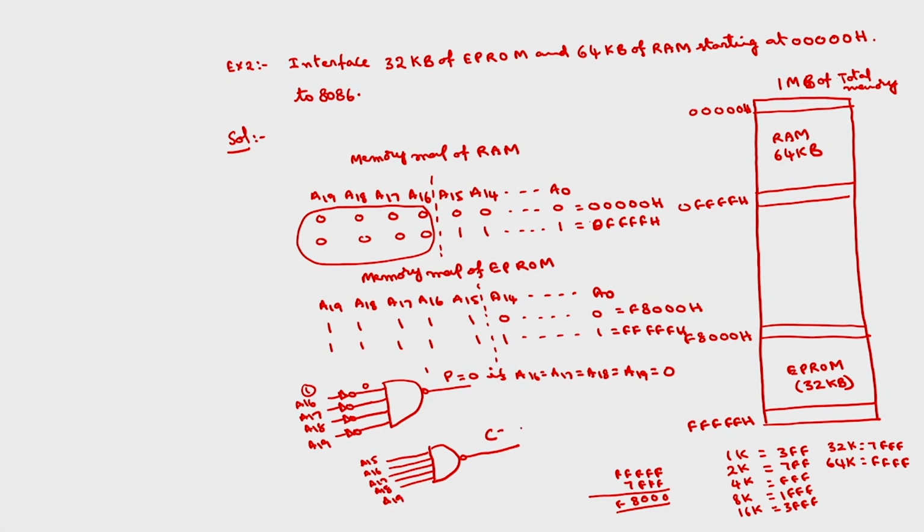So, C is equal to 0 if A15 is equal to A16 is equal to A17 is equal to A18 is equal to A19 is equal to 1. If all are ones, then only output is 0. If any one of these A15 to A19 is 0, output is 1. So, I am using two signals P and C. Using this P and C, I will select the memory banks.